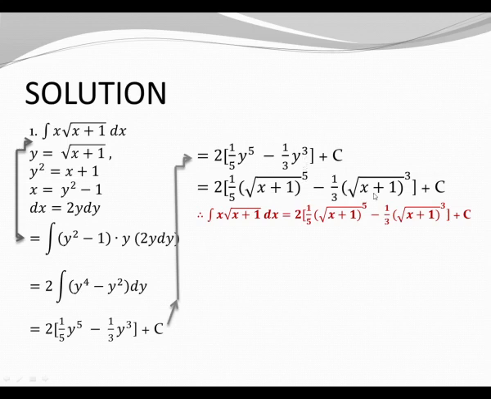On the other term, y is also replaced by the square root of x plus 1, but this time raised to the cube. So this is now our answer: the integral of x times the square root of x plus 1 dx is equal to 2 times the quantity of 1/5 square root of x plus 1 to the 5th minus 1/3 square root of x plus 1 to the cube, plus c.